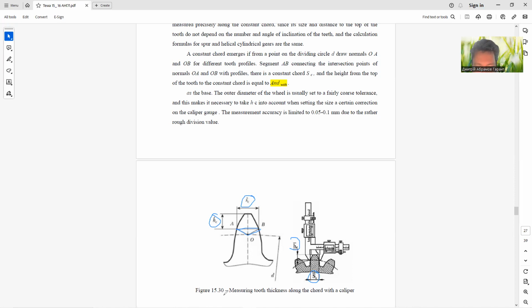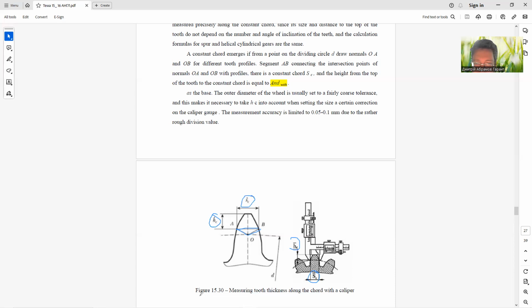You can see the measuring of tooth thickness along the chord with a caliper. The outer diameter of the blank is usually set to a fairly coarse tolerance, and this makes it necessary to take HC into account when setting the size, with a certain correction on the caliper gauge.